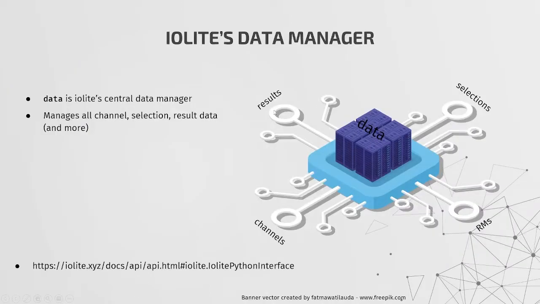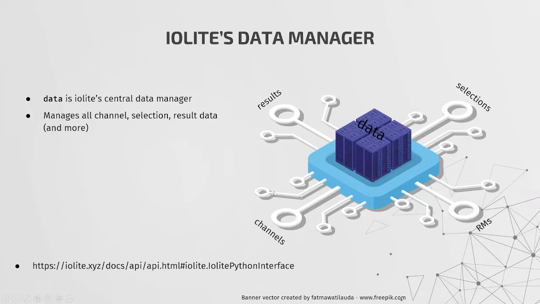So let's have another look at Iolite's data manager. This is what you get when you type in data either into the Python console or the Python workspace, or when you're writing a module, if you type in data dot, it will access Iolite's central data manager. I call it Iolite's central data manager because it has this sort of overarching controlling function where it contains the results, it controls the channels and the reference materials and the selections and a whole bunch of other things.